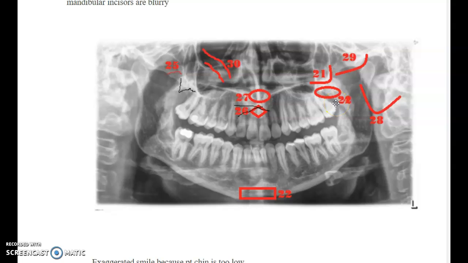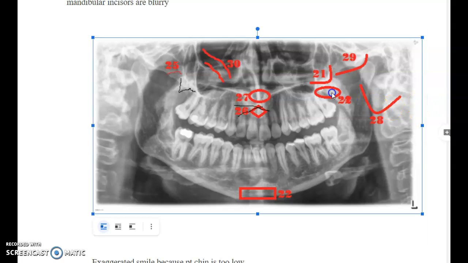The hamulus is seen as radiopaque. It looks like a hook to me right there. It's a little small. 24, hamulus, a hook-like projection located in the maxillary tuberosity area. Right there, a small hook.